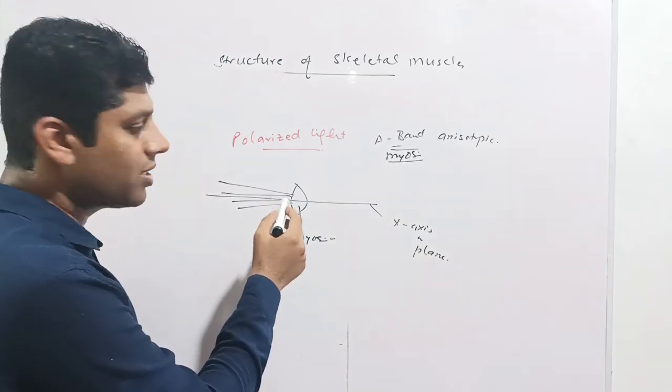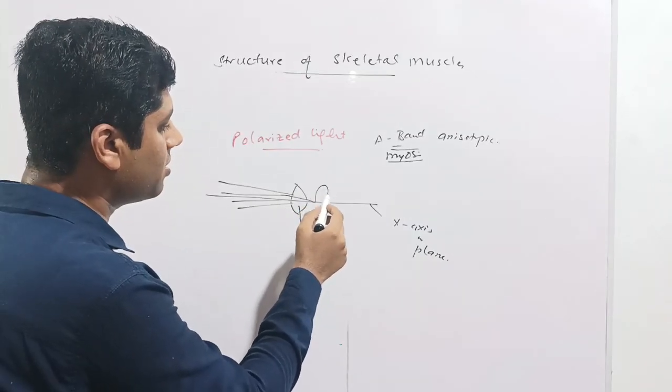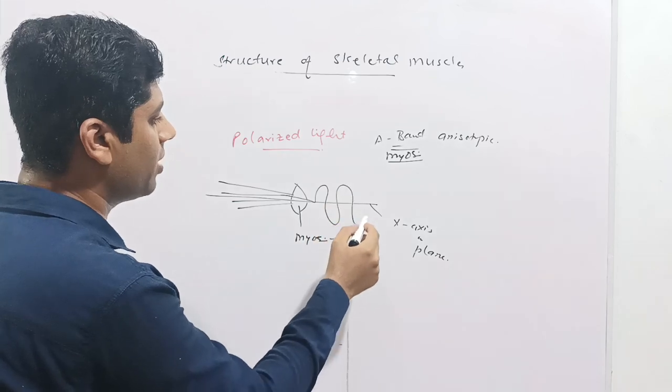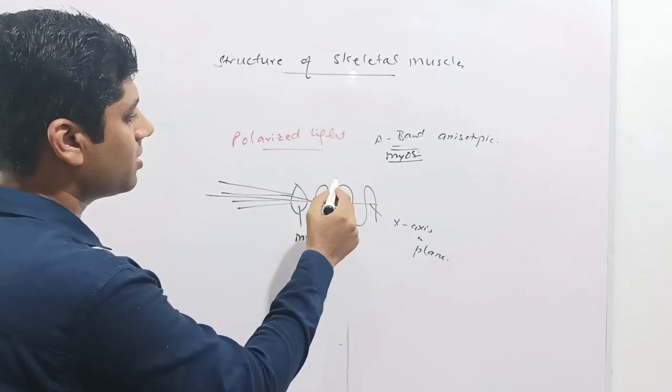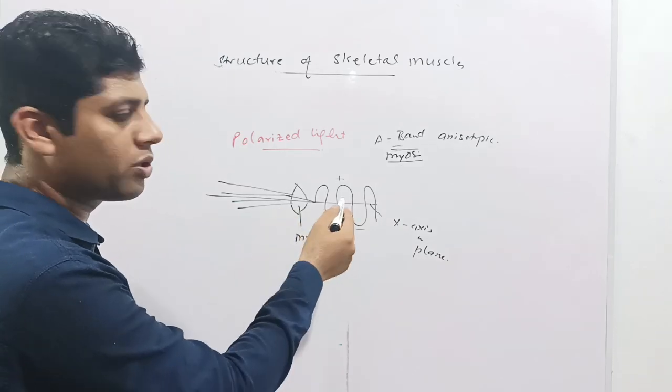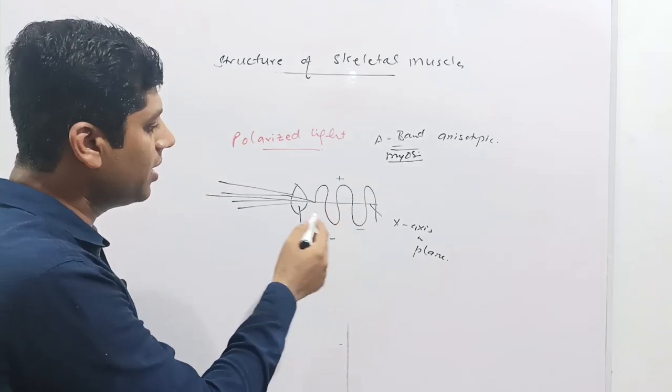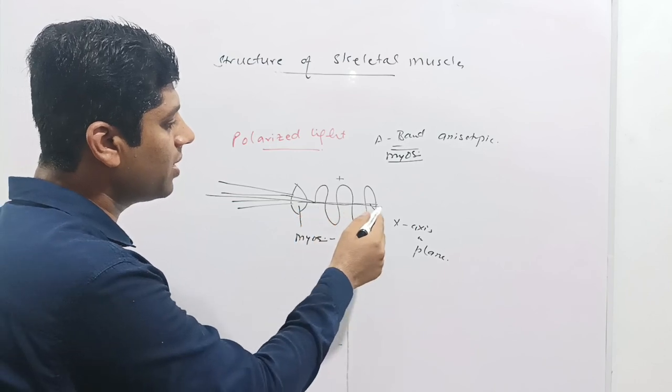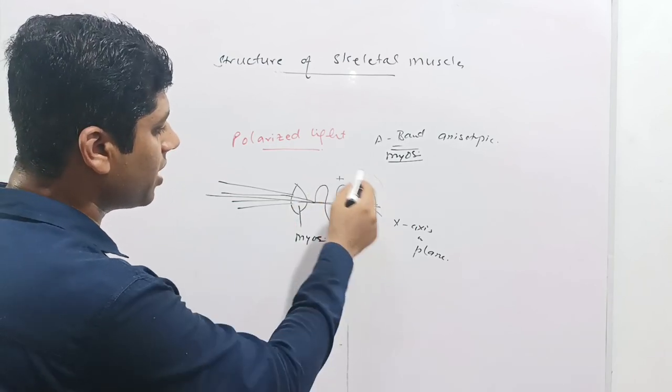These light waves or photons were polarized, forming crests and troughs upon this single plane. These crests are positively charged and troughs are negatively charged. So this light was basically polarized into positive and negative charges, and this light now travels in the single plane on the x-axis. This is called polarized light.